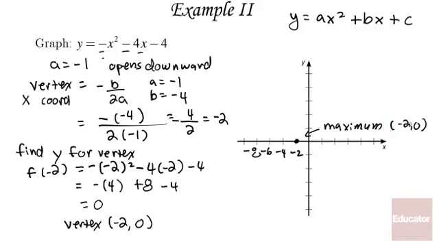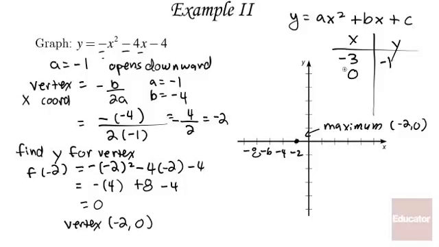Okay, need to find some more points in order to graph this. And I know it's opening downward, so I'm going to go up here where I know that my graph is not going to extend into. When I choose points, I'm going to choose them in the area of the vertex. When x is negative 3, if I substitute that in and solve, y is negative 1.